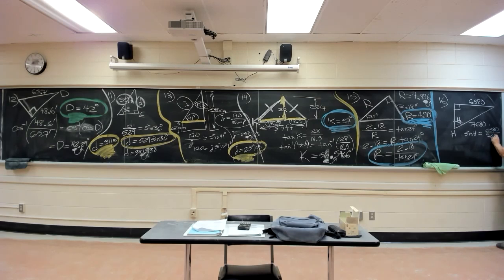As we've been doing, H itself is going to be the inverse sine of 6,580 divided by 7,680. Have they both got 80s in there? Okay, very good. Yeah, they do. To the nearest degree they want it. Sounds good to me.